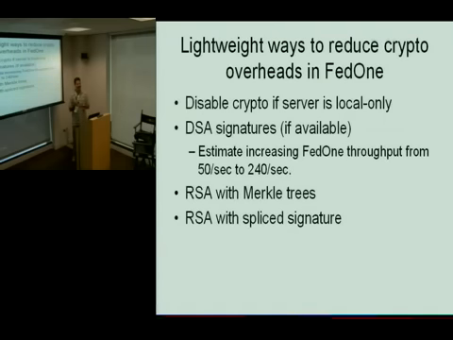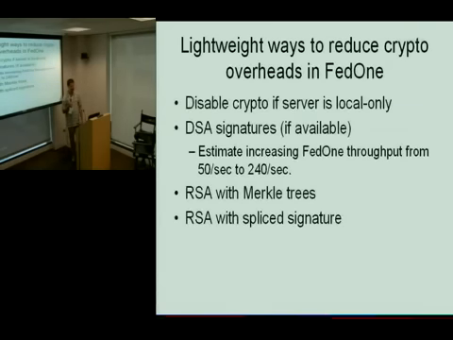This would be if you could get and use DSA certificates for signing individual wavelet deltas, because DSA is about 10 times faster to sign, 3 times slower to verify, at about 1,000 signs and 1,000 verifies per second. From my benchmarks, applying Amdahl's law, I would estimate that would improve the Fed1 throughput by about a factor of 5 using one CPU core.